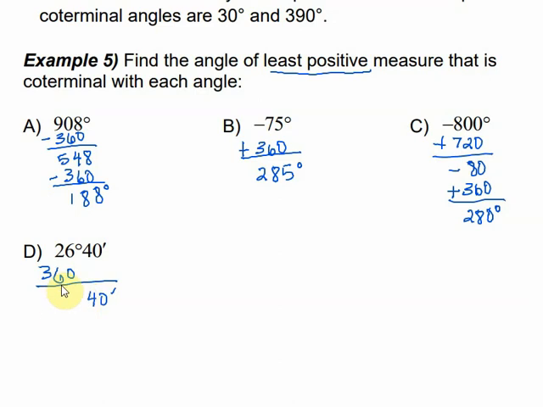I'm going to add 360 degrees, and that's 386 degrees, 40 minutes. Even though that's not between 0 and 360, this would be the smallest one. So the very next smallest angle that's coterminal with this angle, if we go one rotation around, would be 360 degrees, 40 minutes. And that's our lesson on angles.